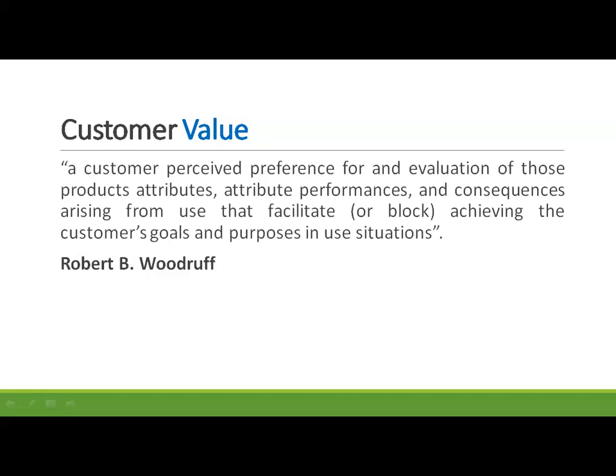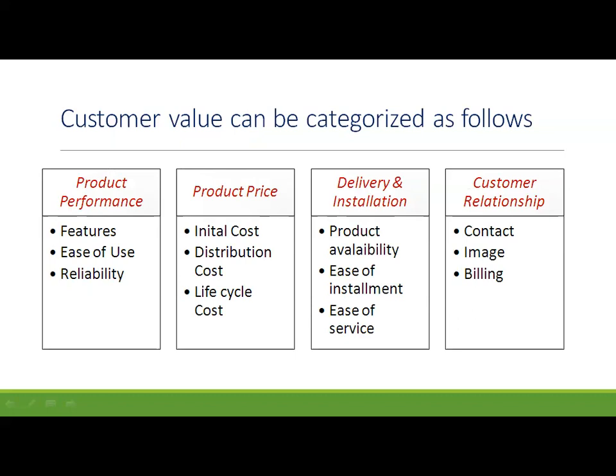Customer value can be categorized into product performance, product line, delivery, installation, and customer relationship. So, this is the figure. Product performance means the various features of the particular product, and how easily you can use that product or service.